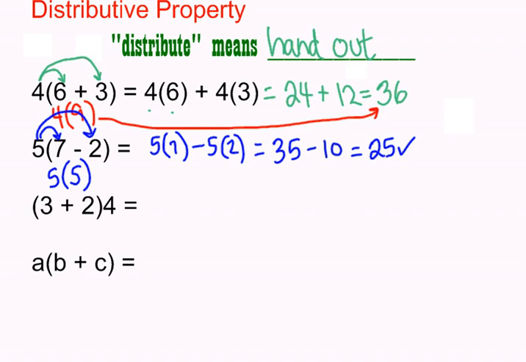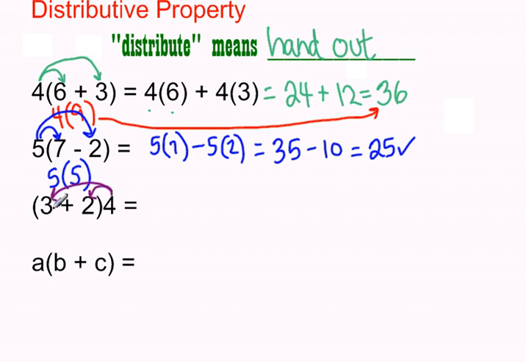Sometimes, to be tricky, you'll see the number that needs to be distributed behind the grouping symbols, behind the parentheses, but we do the same thing. I'm passing this 4 out. I'm passing it to the 3, and I'm also passing it to the 2.